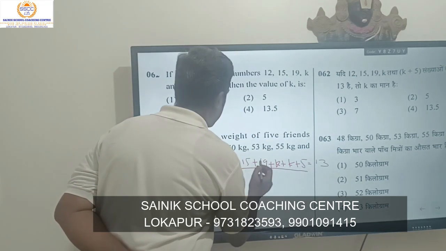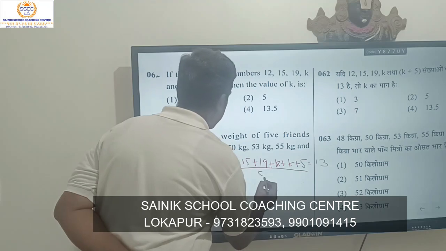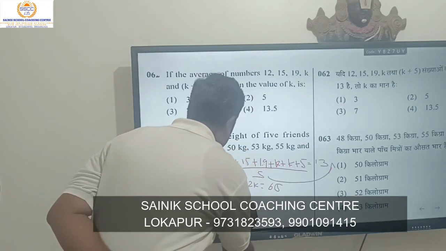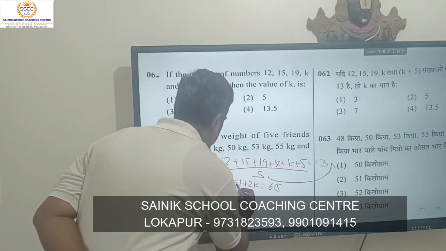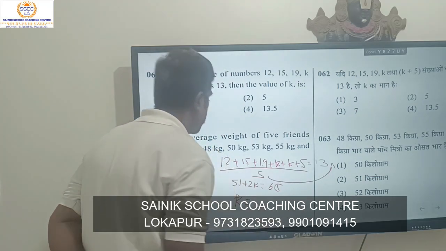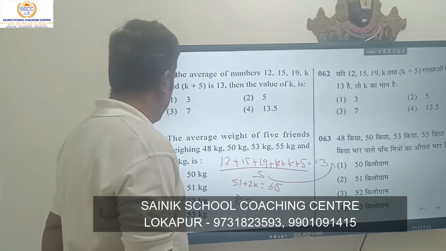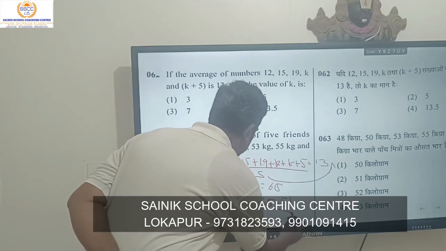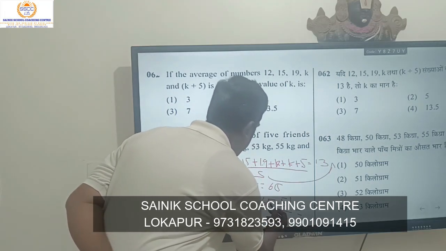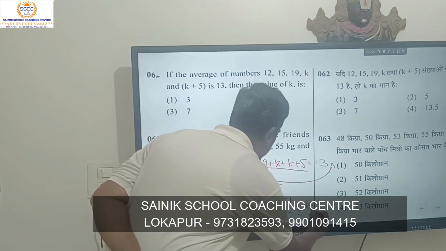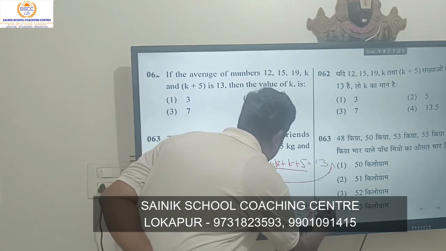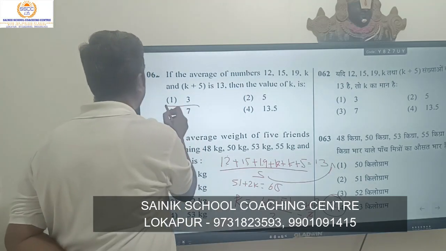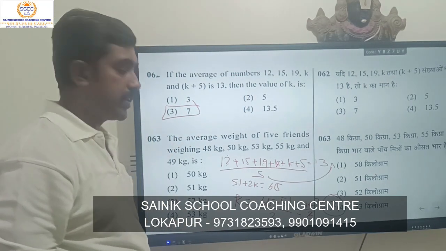How many numbers? 1, 2, 3, 4, 5, so divide by 5. Here 30 times 5 is 150, and 12 plus 15 plus 19 plus 5 is 51, so 2k is equal to 150 minus 51, divided by 2. The answer is 7. Yes, we have option 3, 7 is the right answer.